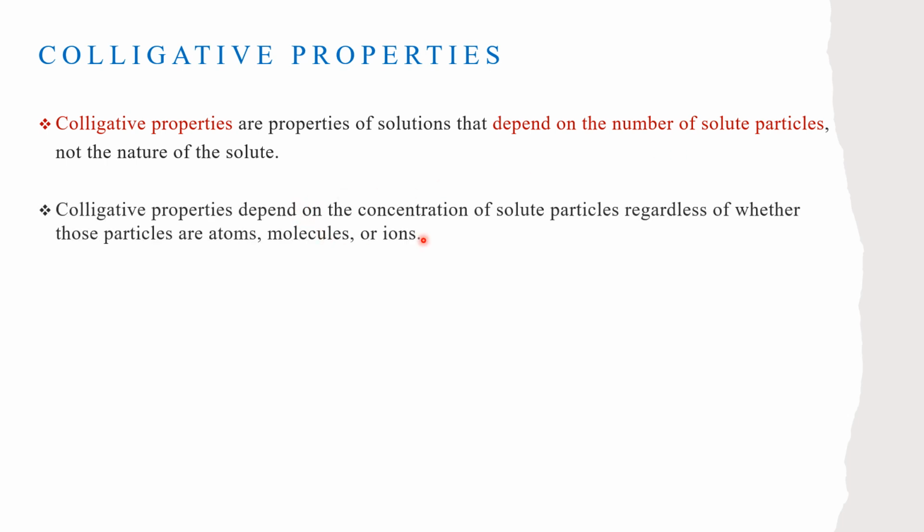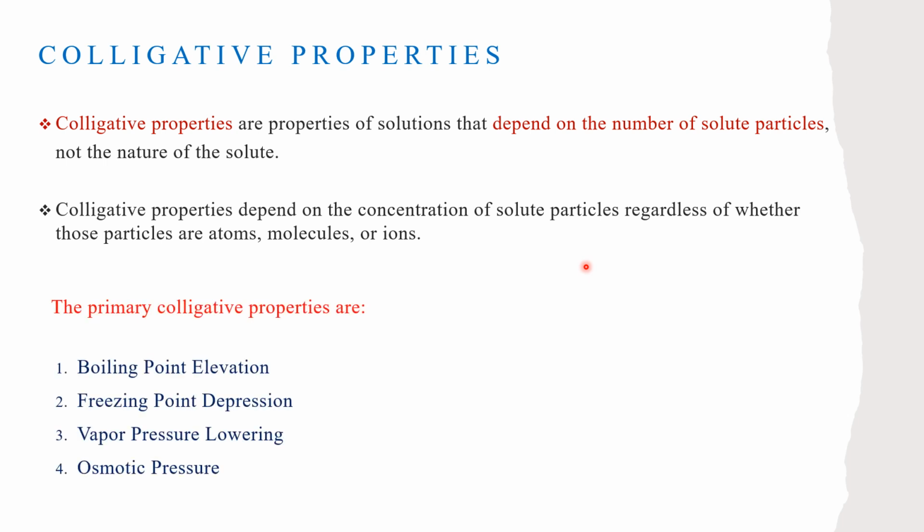They depend on the concentration of solute particles regardless of whether these particles are atoms, molecules or ions. The primary colligative properties are vapor pressure lowering, boiling point elevation, freezing point depression and osmotic pressure. Today in this presentation I would like to talk about boiling point elevation and freezing point depression with some examples.